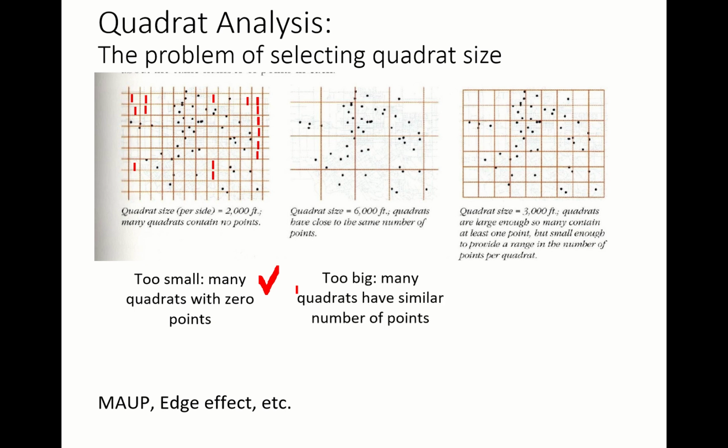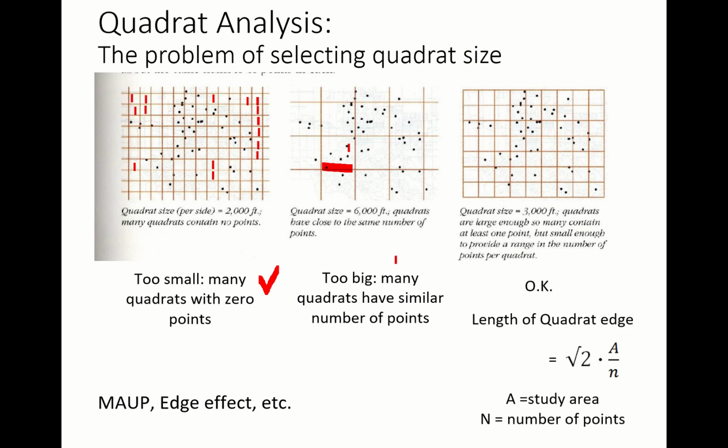But on the other hand, if you set them up too big, your quadrants are going to have basically all the same number of values within them. Okay, so if your quadrant is too big, you're going to get a uniform measurement of your spatial distribution.